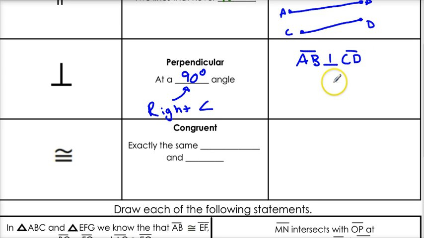What would that look like? Well, you have AB right over here, all right, and we have CD. Actually, let's go back. We have CD over here. So A, B, and C, D. And that makes a 90-degree angle. You might remember this, that box means 90 degrees.